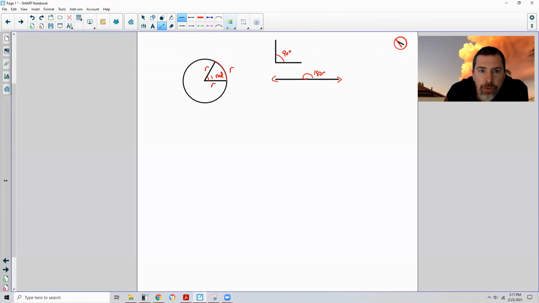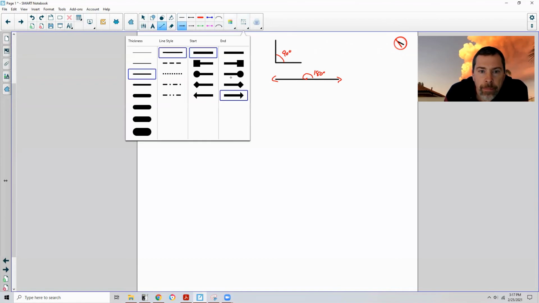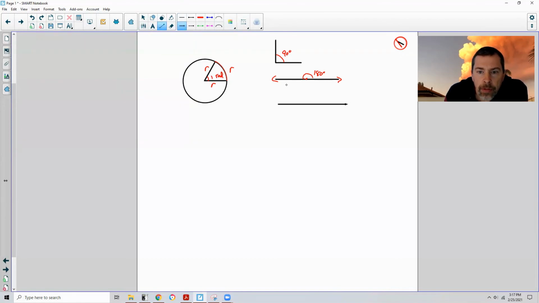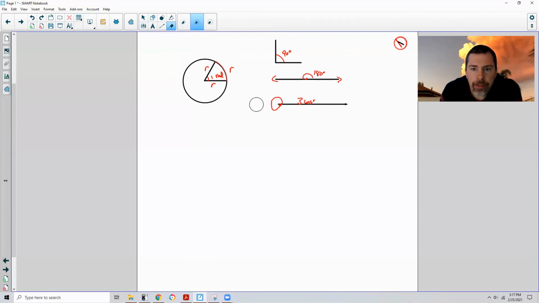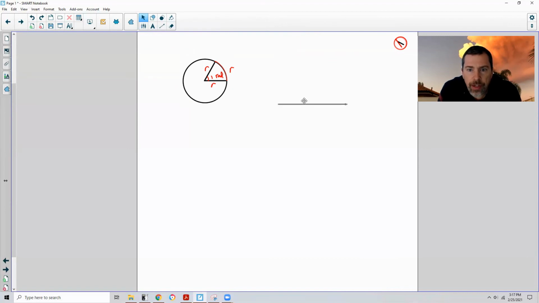And if I draw a ray and rotate it all the way around one time, this full rotation is 360 degrees. Let's get that out of the way. We all know that a complete rotation of a circle is 360 degrees.